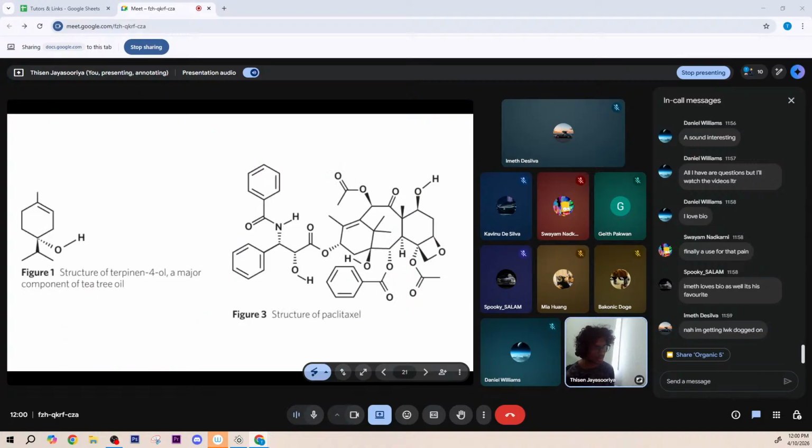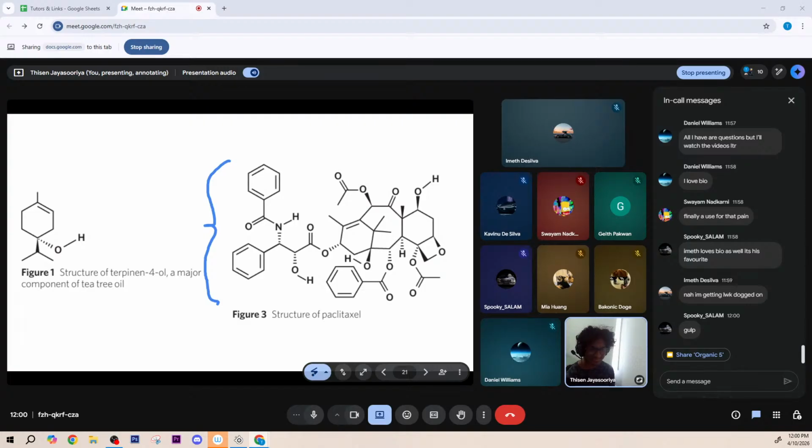Now, these are two molecules that we use solvent extraction for. Now, you do need to know the molecule. You need to be able to draw this whole thing out. I'll ask Kavinu, how do you think you memorize that molecule? Alright, how many of you could tell I was joking?